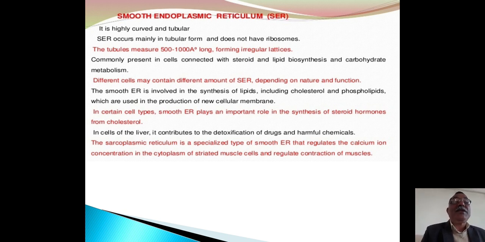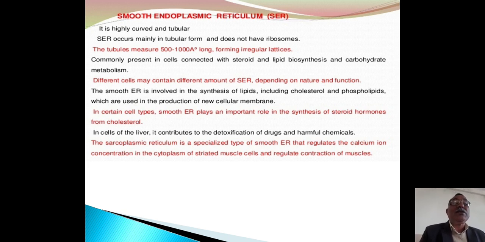It is commonly present in cells connected with steroid and lipid biosynthesis and carbohydrate metabolism. Different cells may contain different amounts of smooth endoplasmic reticulum depending on nature and function. The smooth endoplasmic reticulum is involved in the synthesis of lipids including cholesterol and phospholipids, which are used in the production of new cellular membrane.